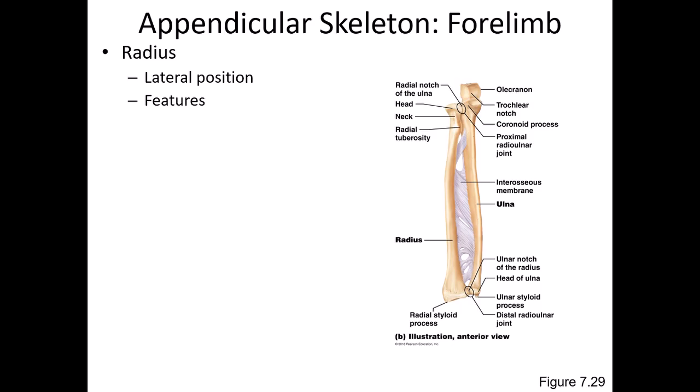Distally, the radius has a little styloid process, and also what's called the ulnar notch, which is where the head of the ulna will articulate. So the radius articulates proximally with the ulna, distally with the ulna, and then the distal radius, and you notice it widens distally, articulates with a couple of the carpals at your wrist joint.